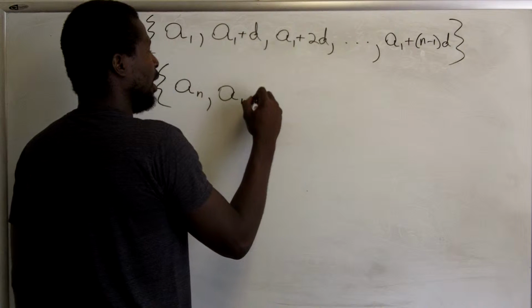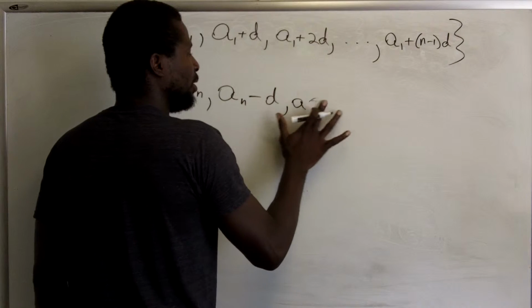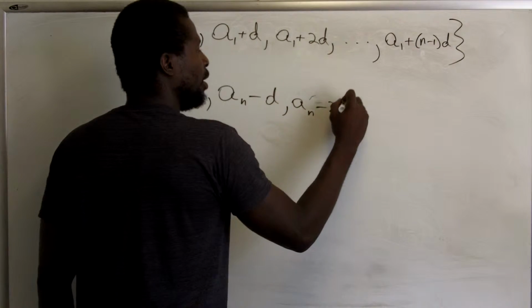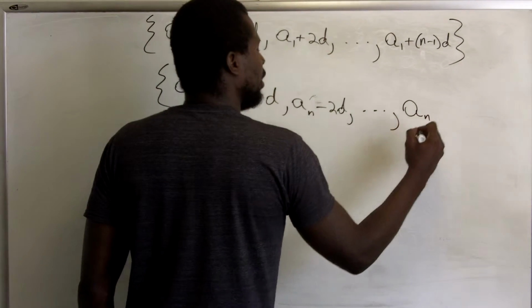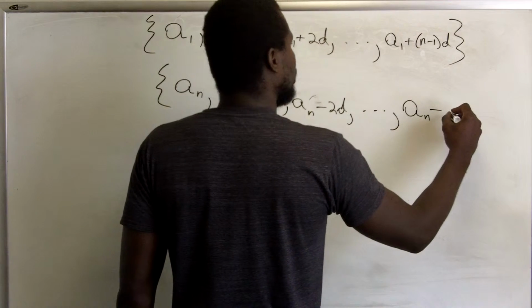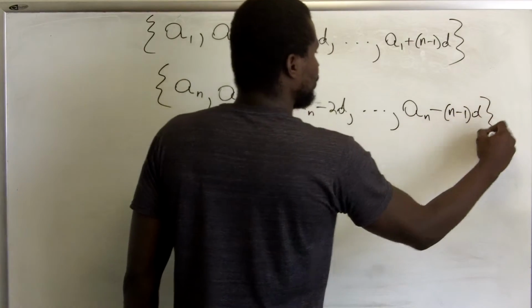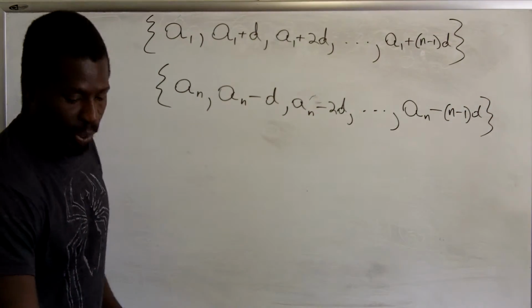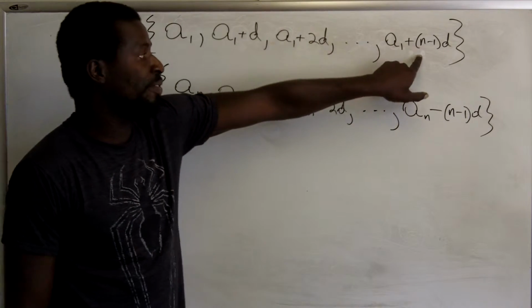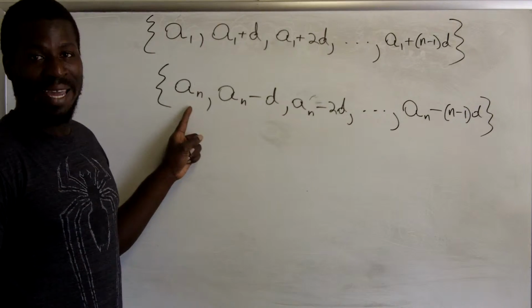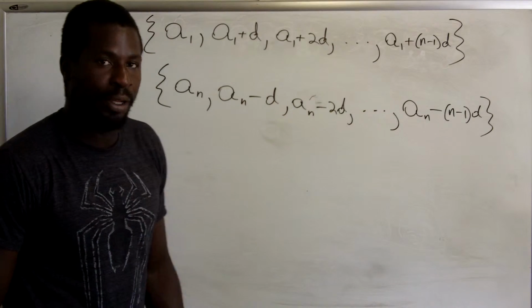And then we take An minus d, and An minus 2d, and you would continue in this fashion all the way down to An minus (n minus 1)d. So we write it in two different ways. We start with A1 and just add d every time all the way up to An. Or we start with An and we subtract d every time all the way down to A1.